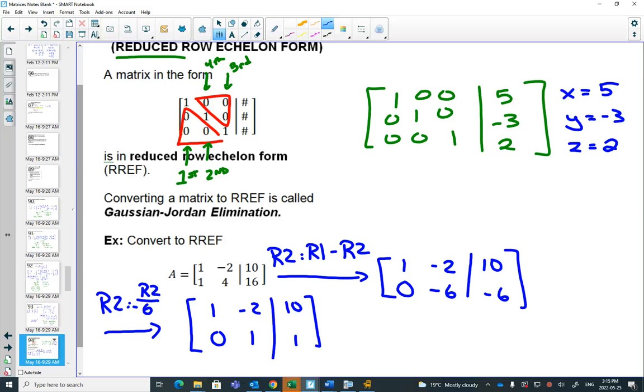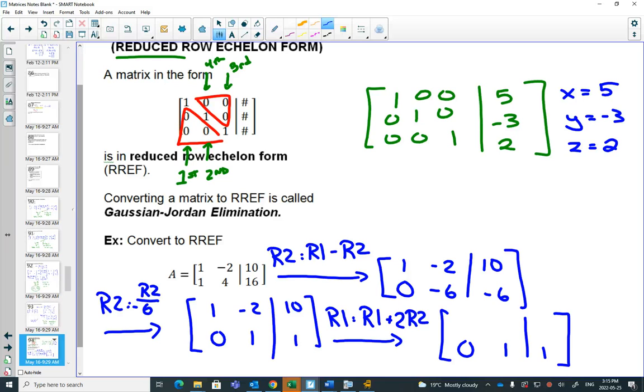I can now get my top one to be a 0. I'm going to change row 1 to be row 1 plus 2 row 2's. Can you see that that will make a 0 in the top right? Row 2 doesn't change, so it's still 0, 1, 1.